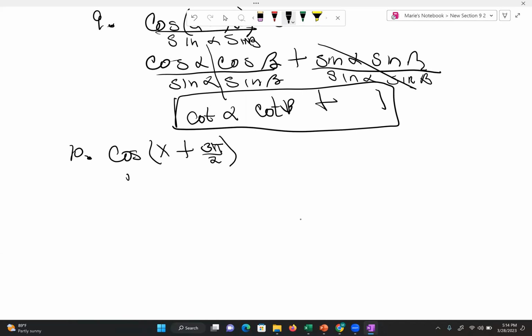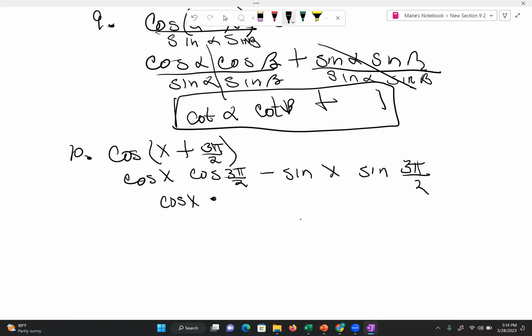And so this becomes cosine x cosine 3 pi over 2 minus sine x sine 3 pi over 2. So if we use our quadrantal angles, I know that this is cosine x times basically 0. So this all goes away.